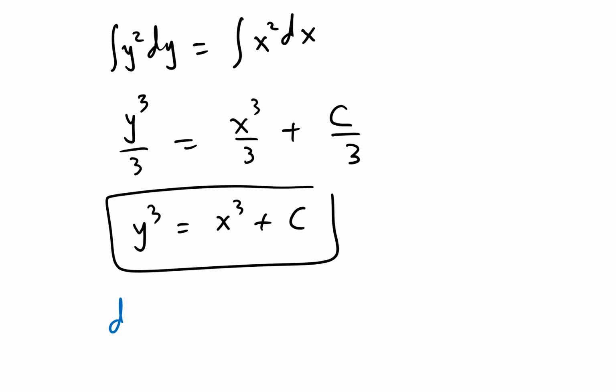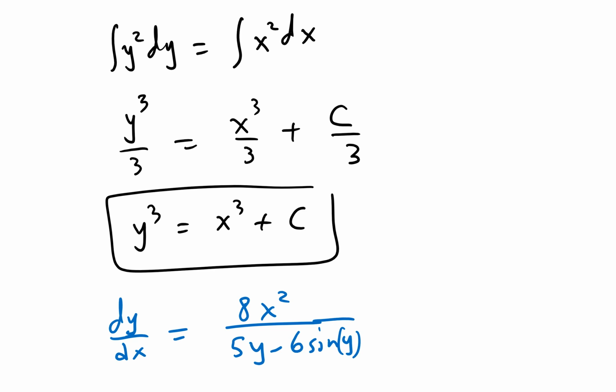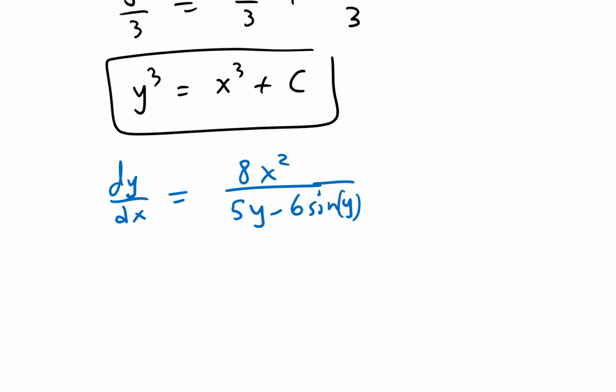Let's look at a more difficult example. Say dy/dx equals 8x squared over 5y minus 6 sine y. Still looks easy. So this one, again, we can do separable. 5y minus 6 sine y dy equals 8x squared dx.